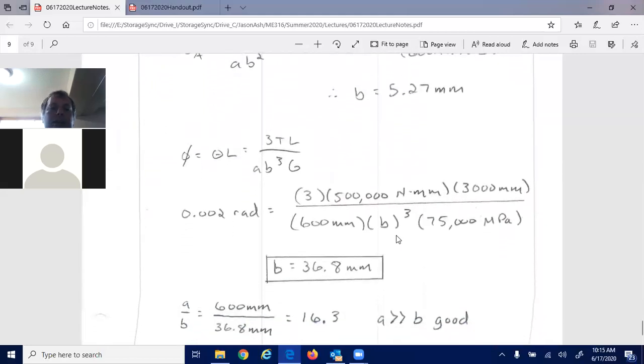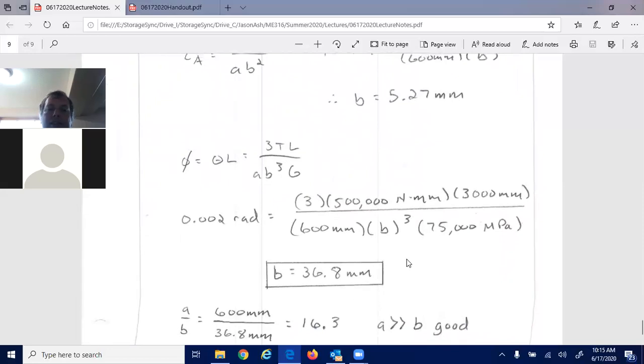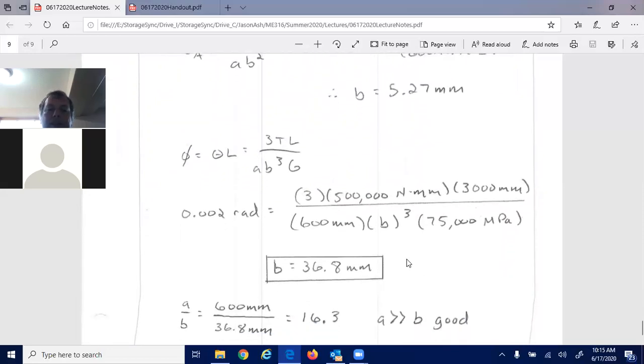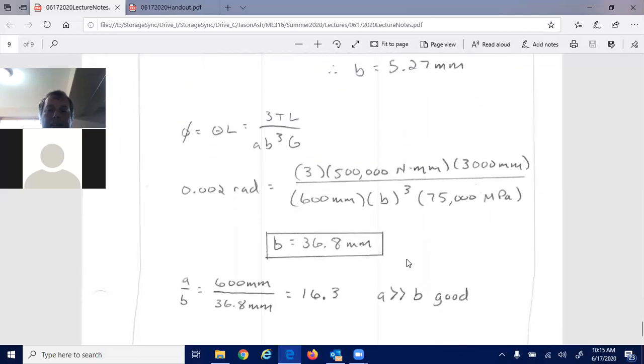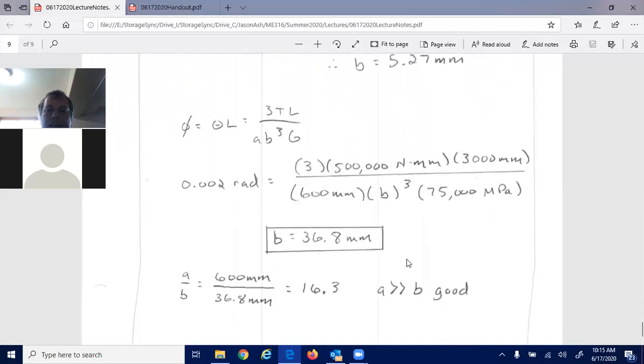And then angle of twist, 3TL over A B cubed G. Plug in our values again, solve for B, comes out as 36.8 millimeters. And so we see our stiffness again is the constraint that is determining the design. And so we see that instead of 5 millimeters, it needs to be a little over 7 times thicker when we add that slot in there.